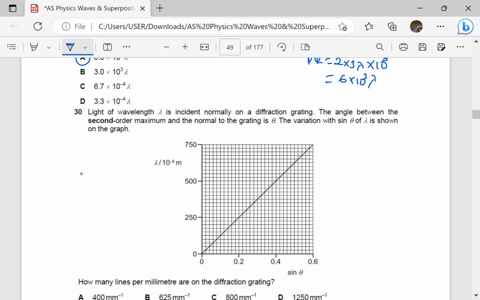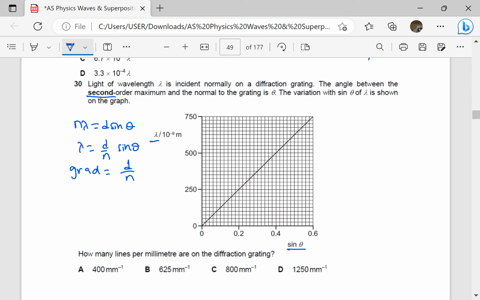We know for a diffraction grating, n lambda is equal to d sine theta. Making lambda the subject, lambda is going to be d over n times sine theta. They have plotted a graph of lambda against sine theta, which means that the gradient is going to be d over n. And it is second order, so n is 2.